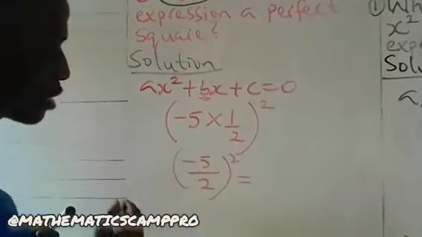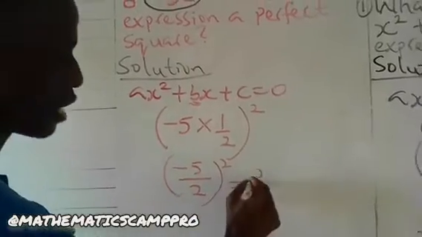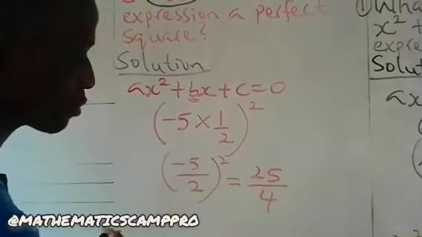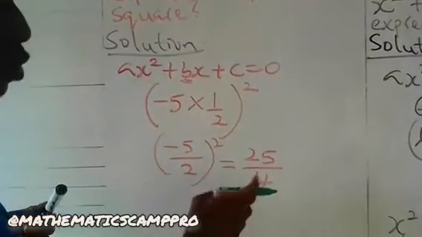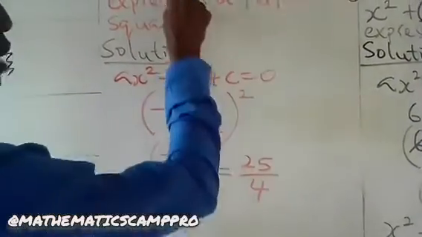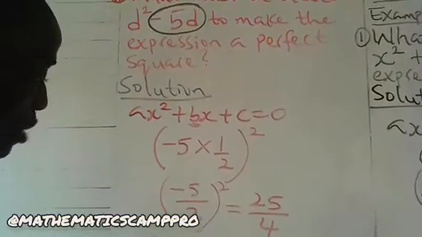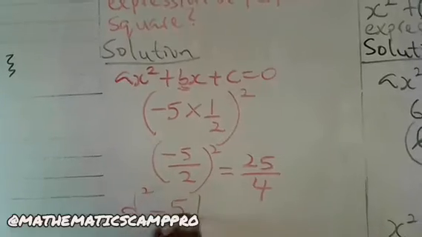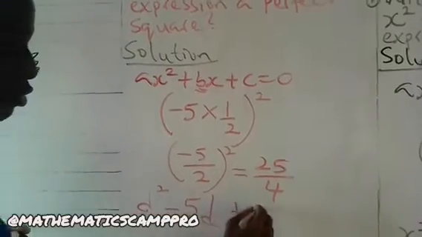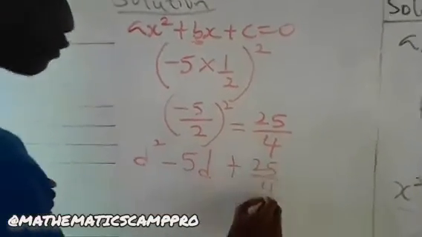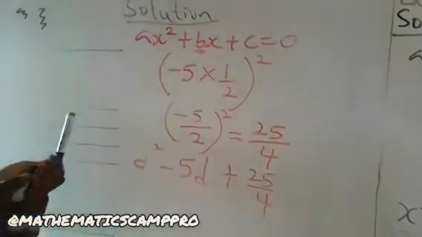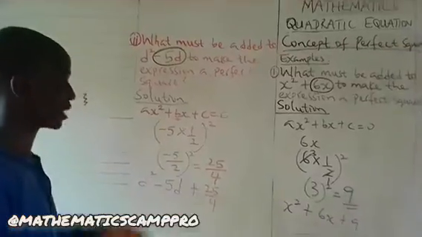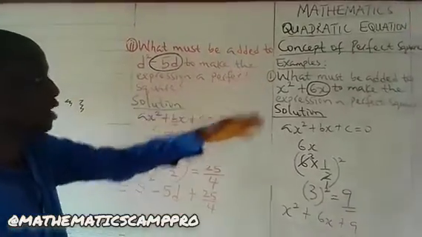That is going to be 25 over 4. That is what will be added to make this a perfect square. It's now going to be d squared minus 5d plus 25 over 4. We have been able to make this a simplified perfect square.